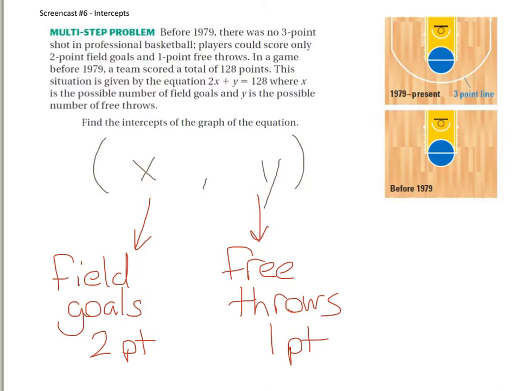So 8 field goals times 2 points each would be 16 points in total. And let's say a team scored 5 free throws. Well, each free throw is worth only 1 point, so that's pretty easy math. That's 5 times 1, so they only have 5 points. So x represents field goals, y represents free throws, 2 points, 1 point, respectively. Let's move on.